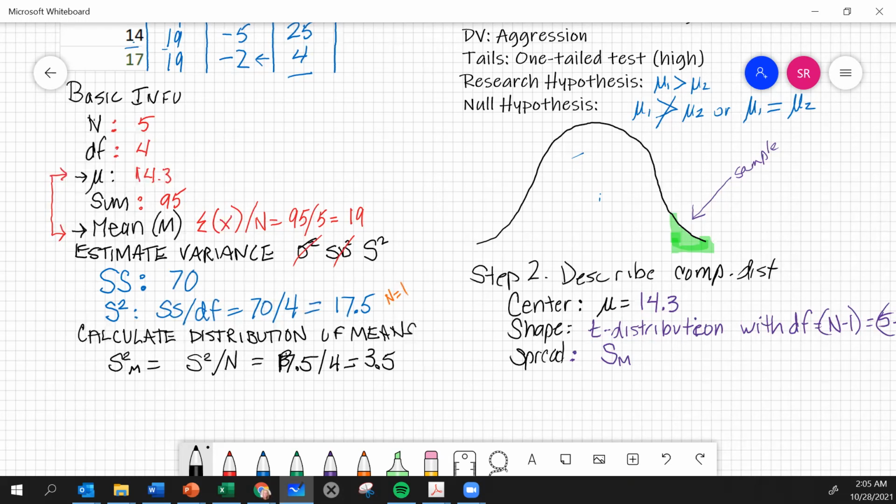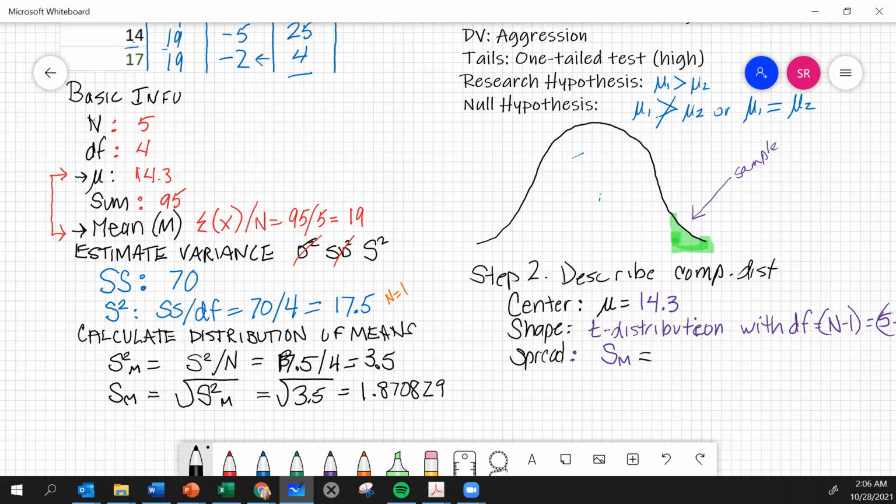Then we don't want to stay with the variance. What we need here is the standard deviation for the distribution of means, which is just the square root of the variance for the distribution of means, the square root of 3.5, which equals 1.870829.